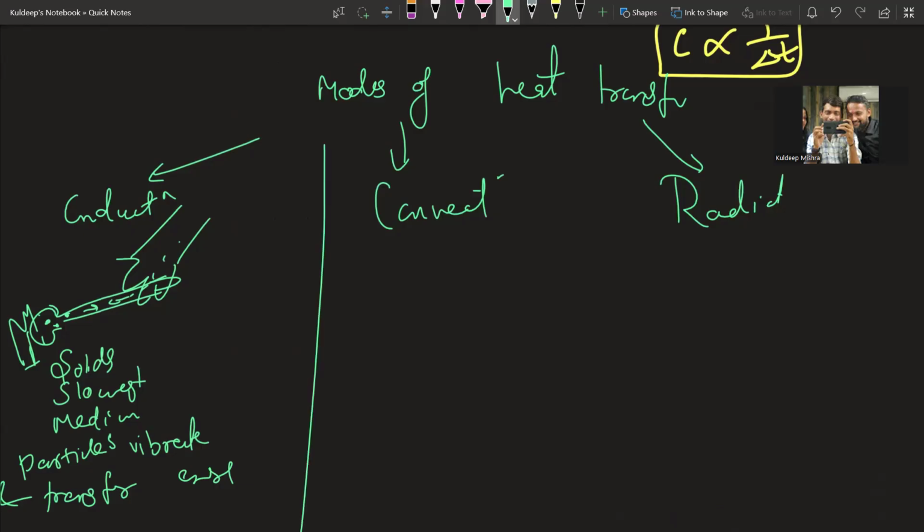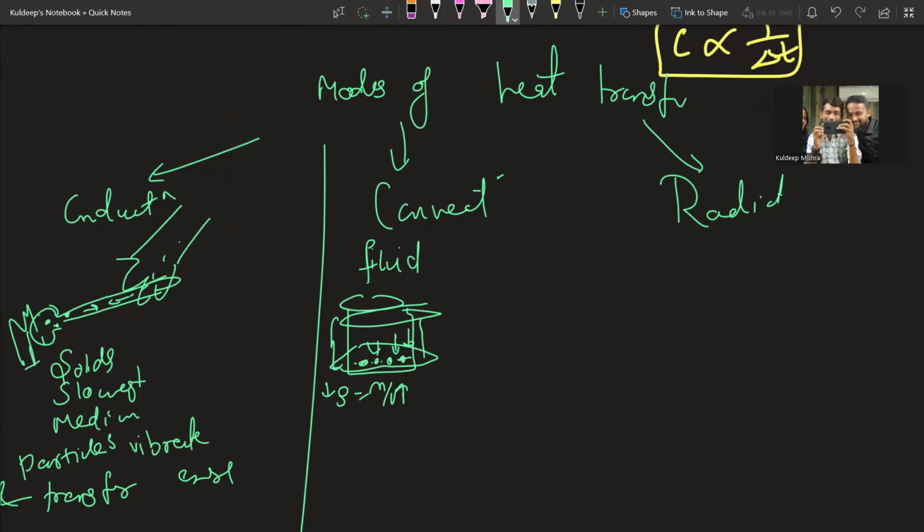In convection, that doesn't happen. Convection happens in liquids or fluids. In convection, what happens if this is a container? If this part gets heated, the liquid is in layers. So this layer expands. If it expands, density is mass upon volume. Volume increases, density decreases. So this layer rises up and comes here, and the layer behind it comes down. This happens till the entire liquid has gained the same temperature.